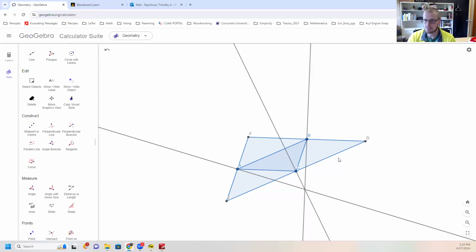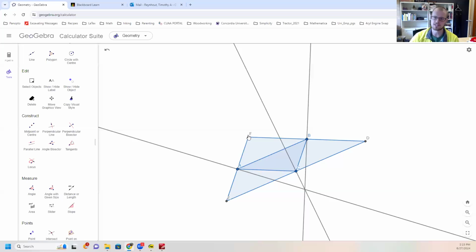Yay! Remember now that this line was constructed as the perpendicular to AC, which means it's also perpendicular to FD. So this line is the perpendicular bisector for this larger triangle on that side.